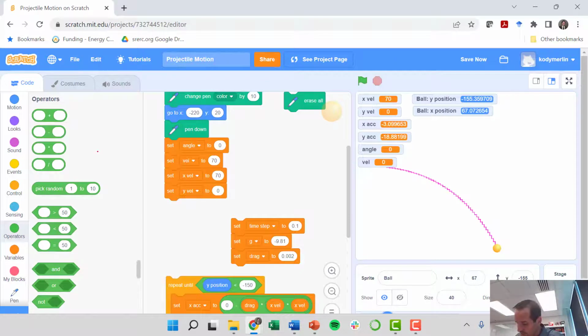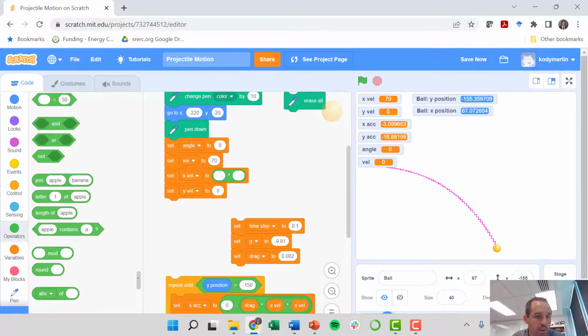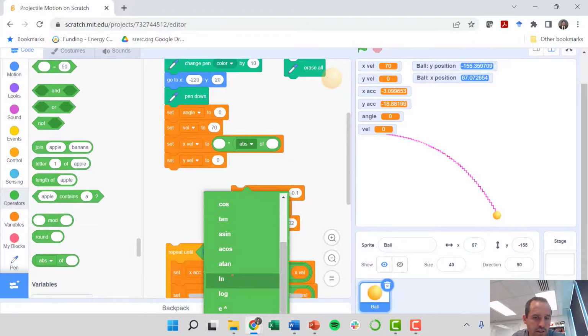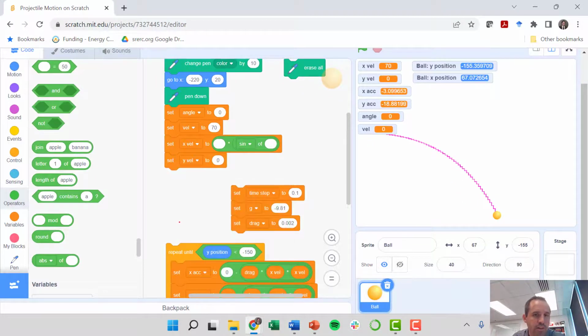Remember that x velocity is equal to the velocity times the sine of our launch angle. So I'm going to use this multiplication operator. I'm going to put that here, and then I'm going to use this other operator. We can actually use custom functions down here. I'm going to put that in, and I'm going to get the sine function.